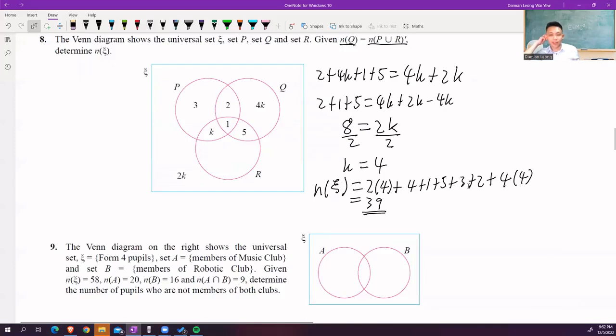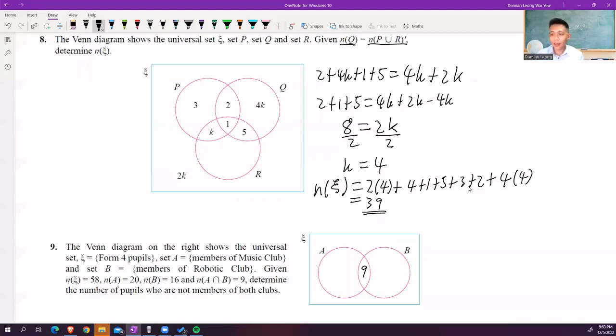So when we fill in the Venn diagram, always look at the intersection part first. If we don't know what it is, we can always put X first. So here in the intersection, I have 9.